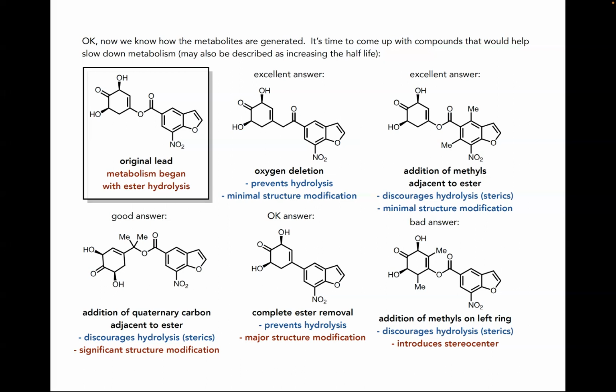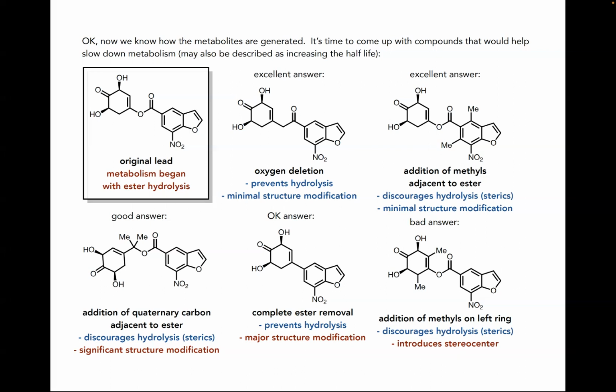Now, I tell you guys all the time not to get duped. The bad answer on the bottom right is the situation where you say, okay, look at that top right answer when we added the methyls. Well, why don't we add it on the other ring? It makes perfect sense. Go ahead and do that. Okay, but here's a problem. The methyl that's on the top and attached to the alkene is fine, but you've now added a methyl on the bottom of that ring on the left, and that methyl now represents two structures, so diastereomers.